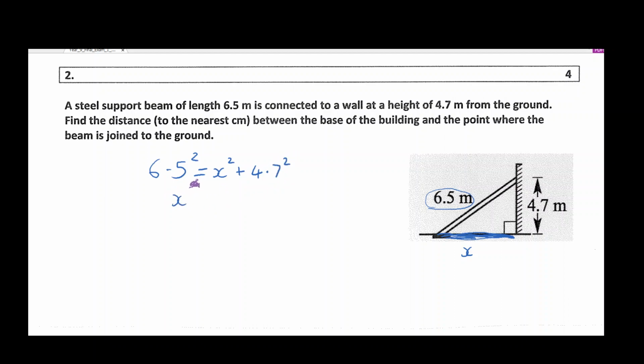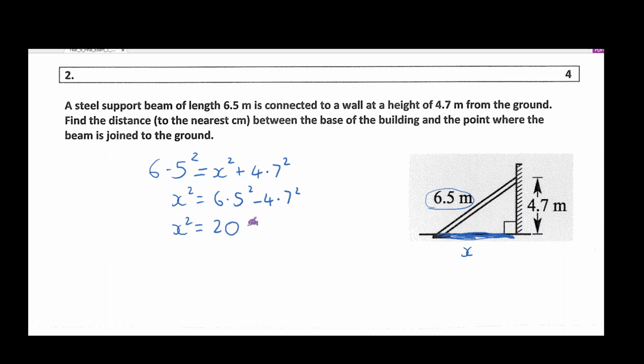Then x squared will be 6.5 squared take 4.7 squared. X squared is going to equal 6.5 squared take 4.7 squared. That equals 20.